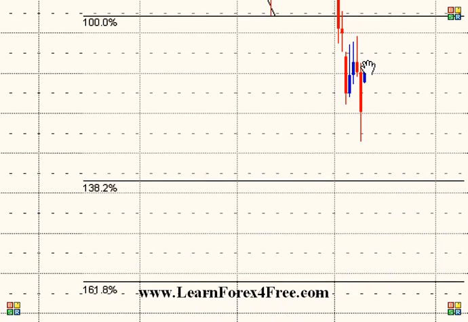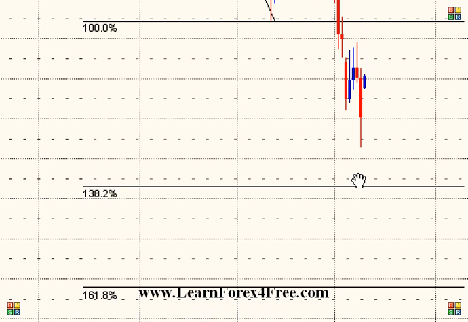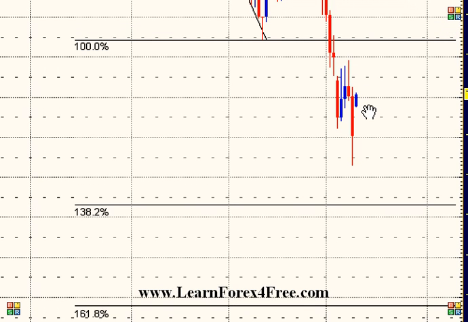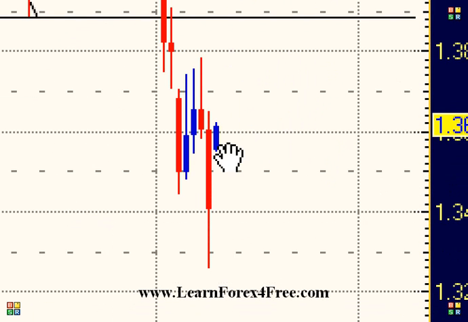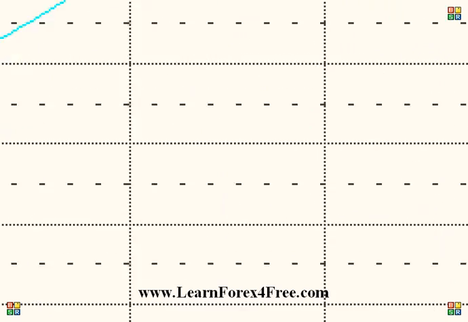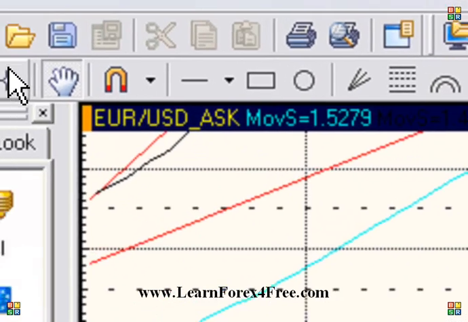But as it starts approaching certain levels, we need to be careful. There could be price hesitation. You can see today the candles have kind of gapped. It's very rare in Forex for the candles to gap. Let me show you what I mean.